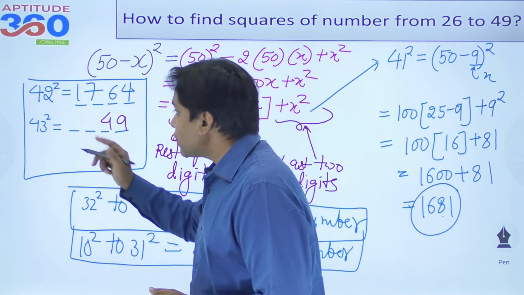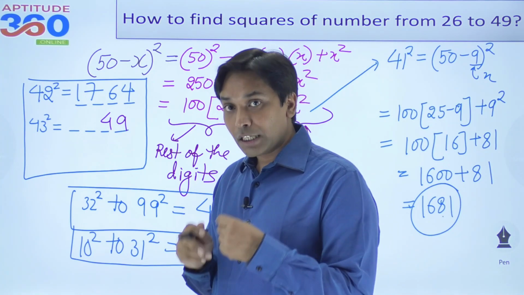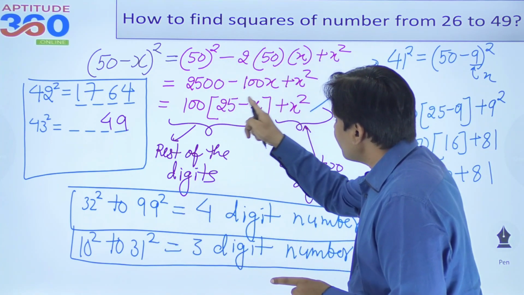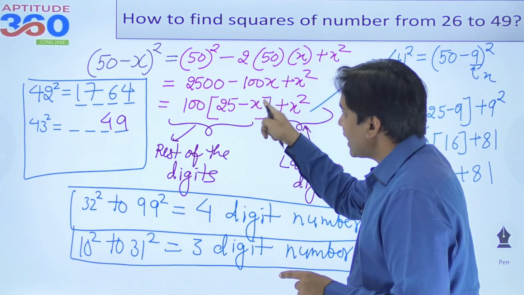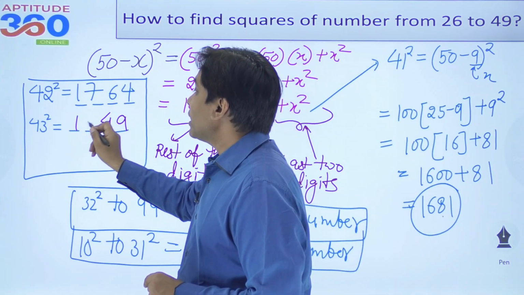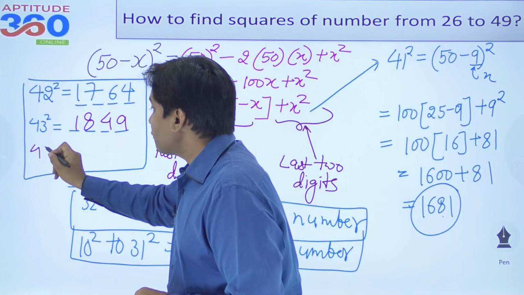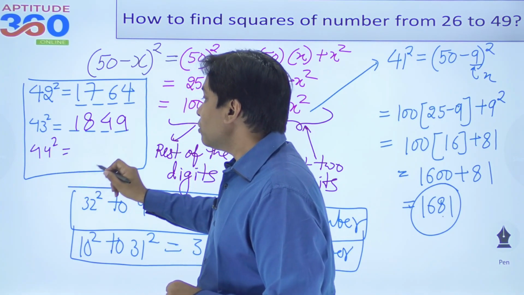How do I find out the first 2 numbers? This number is 25 minus 7. Are you getting that? This is 25 minus x. What is x out here? x is 7 in this case. So 25 minus 7 will come out as 1849.